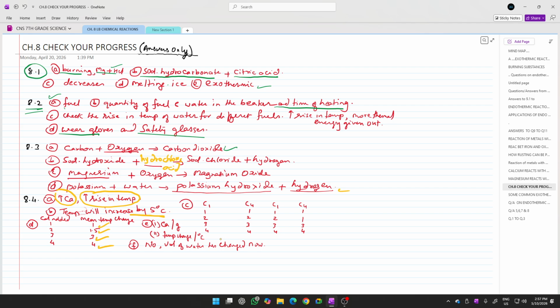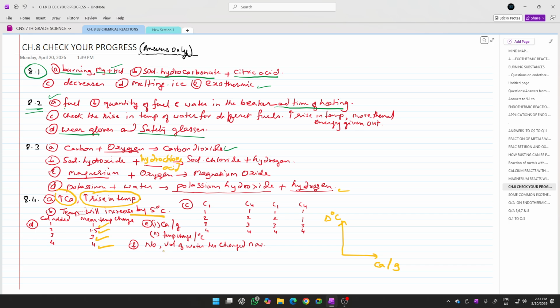On the y-axis, you will always have the dependent variable. When you increase the calcium, what is happening to the temperature? That is dependent. So the change in temperature or rise in temperature will be put on the y-axis. So on the x-axis you will take the calcium in grams, and on the y-axis you are going to take the rise in temperature, delta degree centigrade. This is how we are going to plot the graph.